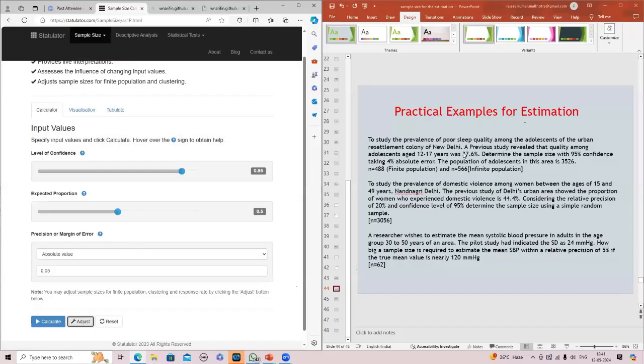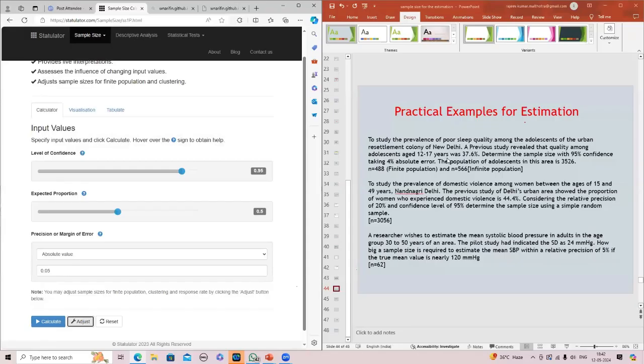Now I am taking one example from the right side, where there are practical examples for the estimation. So first I will take one example: to study the prevalence of poor sleep quality among the adolescents of the urban resettlement colony of New Delhi. So I want to estimate the prevalence of poor sleep.